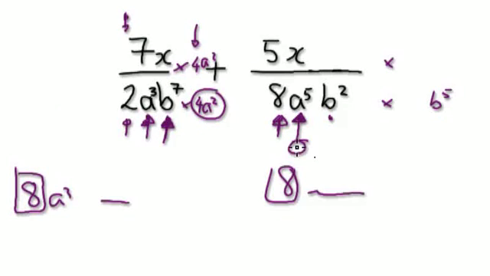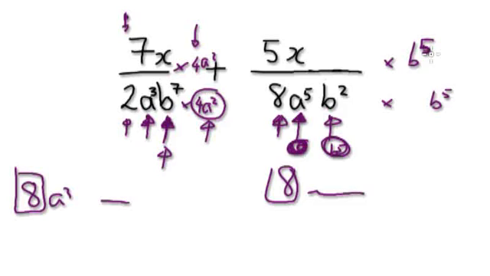Over here I've got more than I need. So over here I need a squared, which I've done. So on this side I don't need to times by the a. Look at the b here. I've got b squared, and over here I've got b to the power 7. Over here I need an extra b to the power 5. So I'm going to times it by b to the power 5 here.